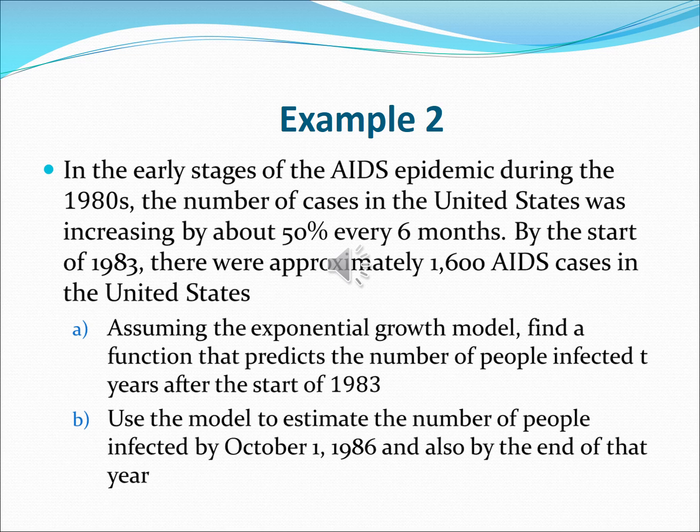Assuming the exponential growth model, find a function that predicts the number of people infected t years after the start of 1983. Use the model to estimate the number of people infected by October 1st, 1986, and also by the end of that year.